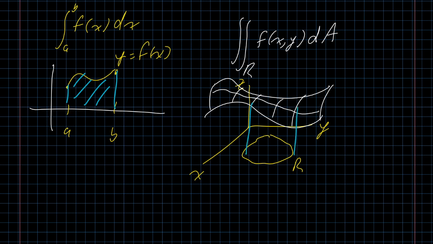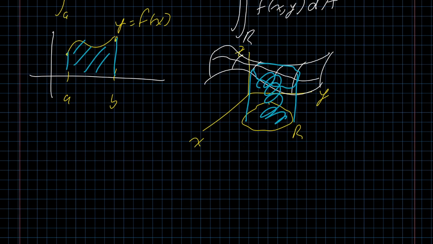Well, we can project our region up to create this cylinder-looking thing and calculate the volume of that using the area integral, the integral in two variables.